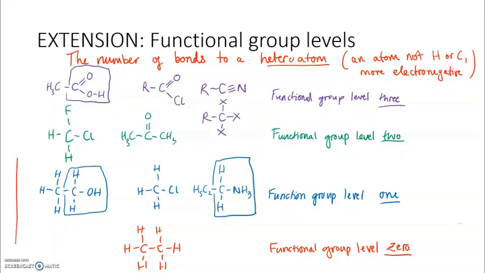So anything where the functional group level increases is an oxidation reaction, because if you increase the number of bonds to more electronegative atoms within the molecule, if the carbon is bonding to more atoms that can pull electrons away from it, then its oxidation state is going to increase. Whereas conversely, if the functional group level decreases, then we've got reduction. Okay, so that gives you a nice and quick way of assessing whether you've got oxidation or reduction.